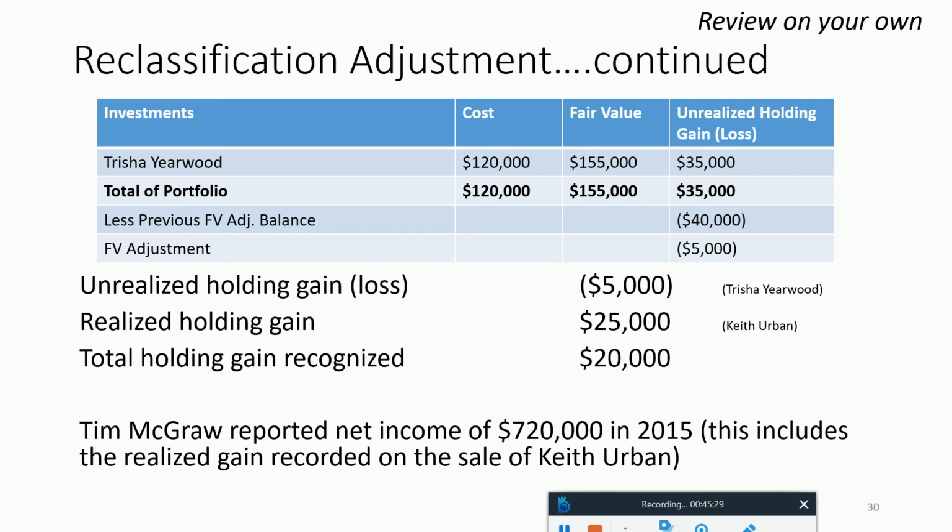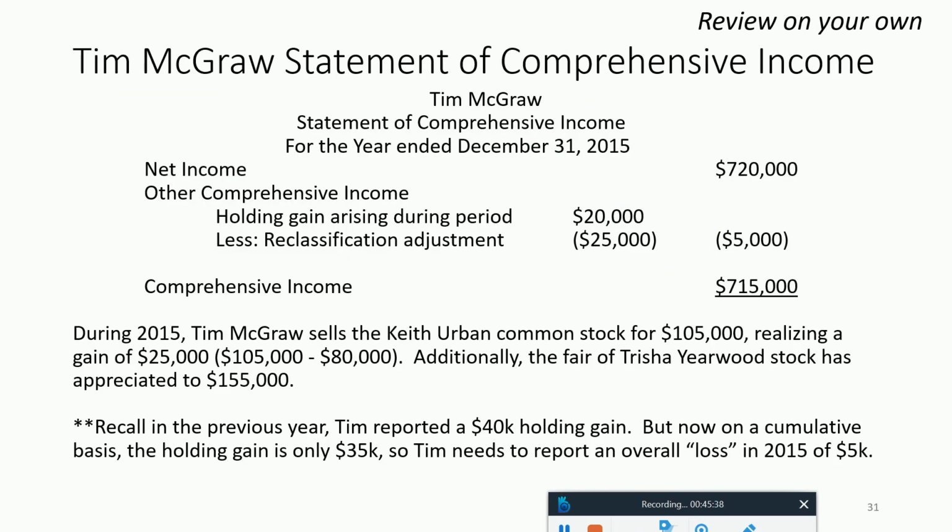for a total holding gain of $20,000. What this is going to look like then from the comprehensive statement of income, or statement of comprehensive income, depending on how you want to say it, is our net income is $720, right? We had a holding gain that arose during the period of $20,000.